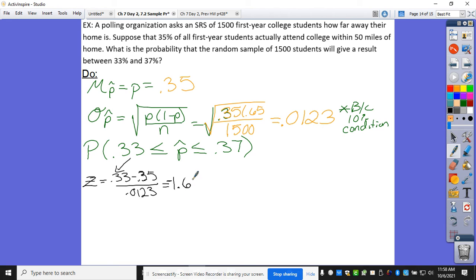I'm not 100% sure on that. Yeah. I do minus 0.35. I thought we did. That's our mean. This always goes here.